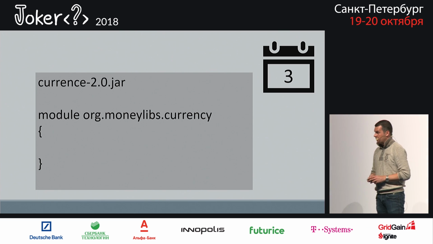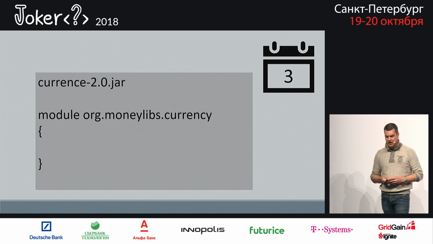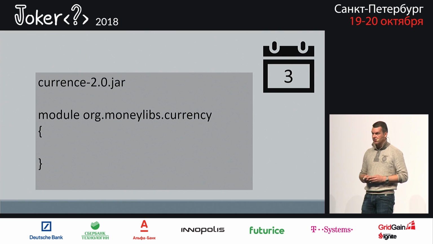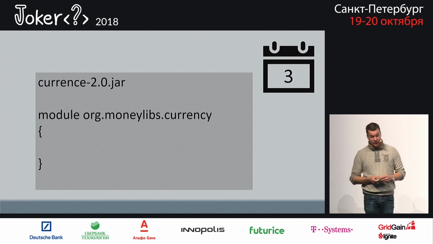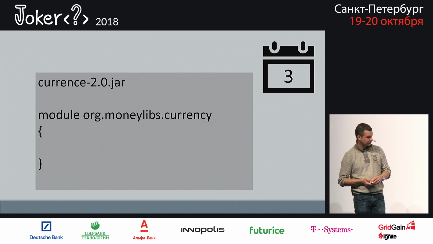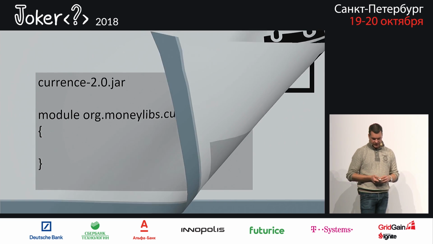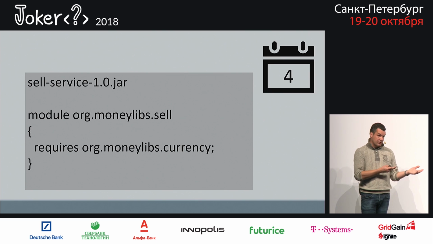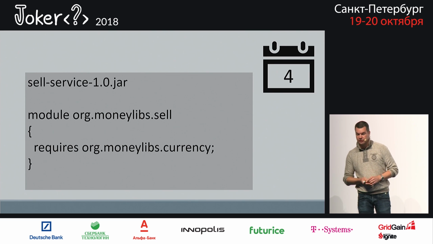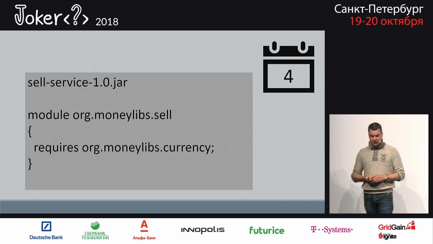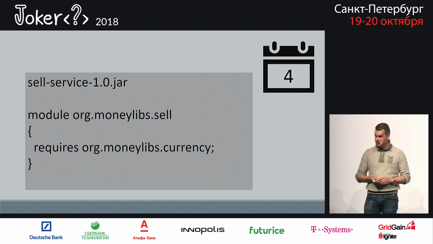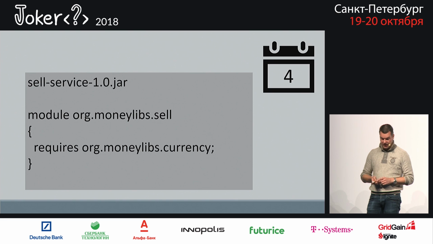Then the currency library says, okay, we're going to create version 2.0. We are also going to add a module descriptor with the name org.moneylibs.currency. If there's a buy service, there's of course also a sell service. So here's the example of the sell service, having a module descriptor and also using the currency library.